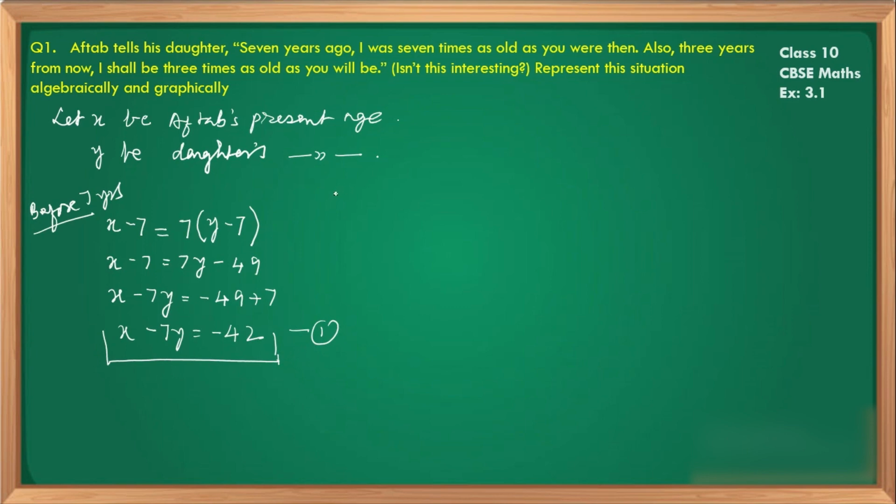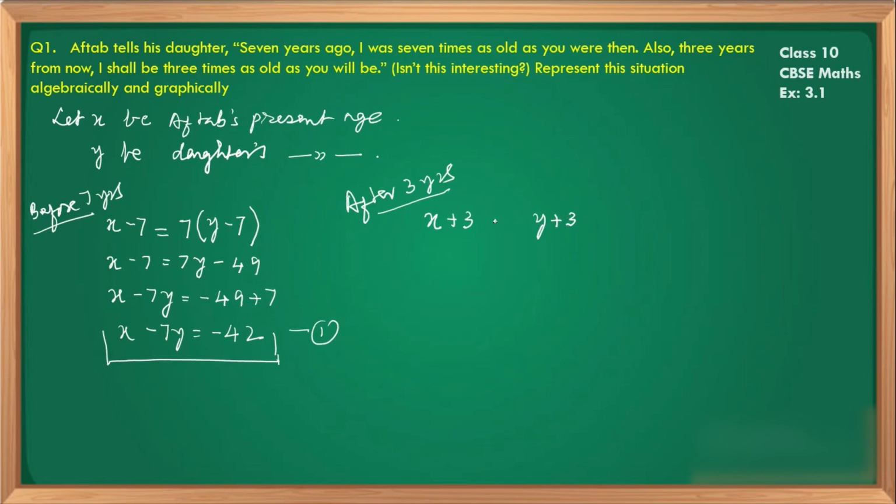Now, we will go for another equation. For that, after 3 years, this is another condition. After 3 years, what will be Aftab's age and daughter's age? Naturally, you have to add 3. x plus 3 will be Aftab's age and y plus 3 will be daughter's age.